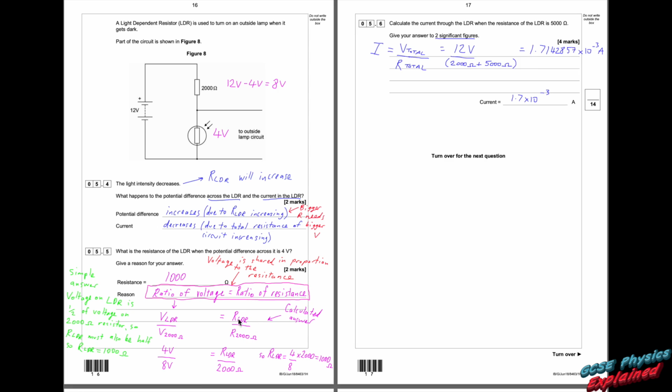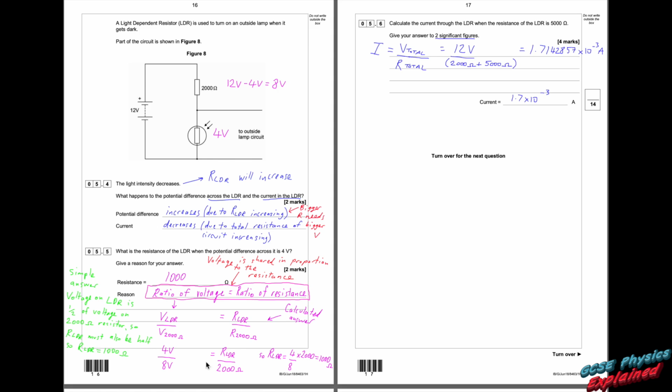I could have flipped that side, in which case I would just flip that side. So don't worry about that. Now, if we put the voltage of the LDR in and divide it by the voltage on the 2000 ohm resistor, that's going to equal the resistance of the LDR divided by the resistance of the 2000 ohm resistor, which is obviously 2000.